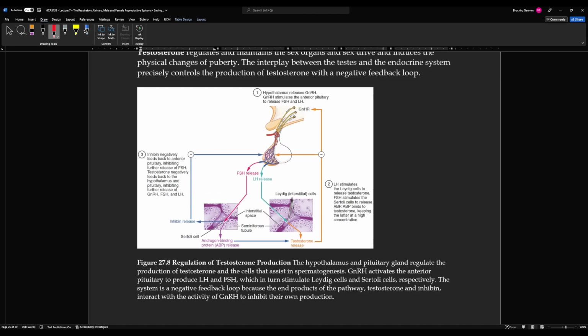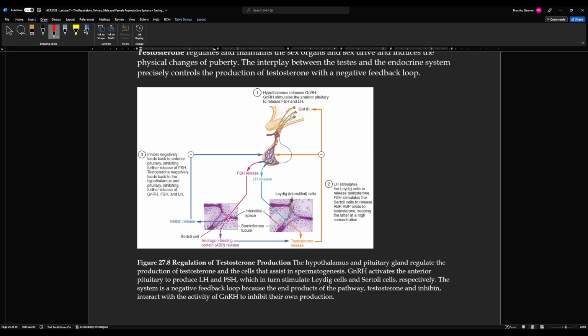So, testosterone is the primary male sex hormone that's responsible for stimulation of the Sertoli cells to create sperm. Luteinizing hormone will primarily stimulate something called the cells of Leydig.